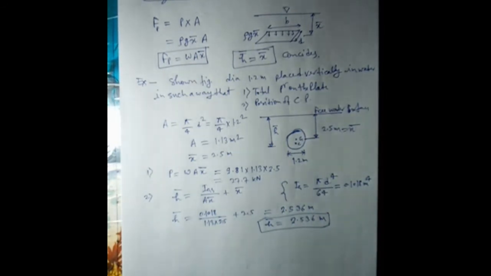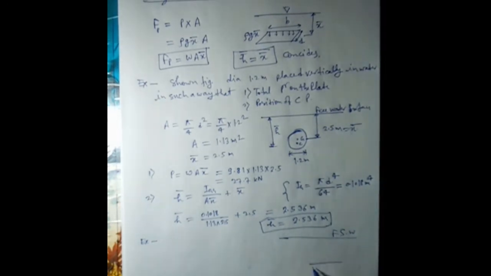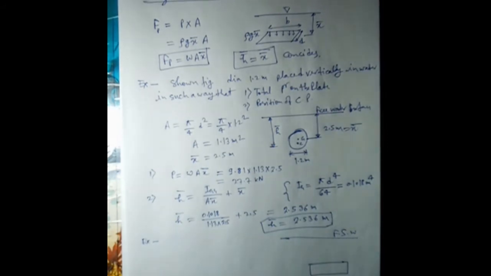Similar, next example. In the given diagram in that example, this is the free surface of water. Here a rectangular plate, G, C, center of gravity, center of pressure, width and depth are 3 meter.